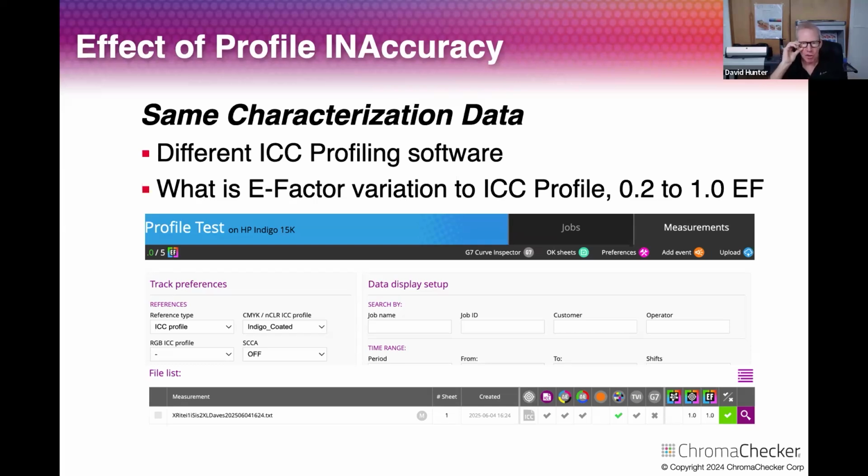So again, this shows that if you care about a color match, you need to care what is the quality of your profiling program that you're using. And we've gotten so blasé about profiling programs that people haven't really gone out and said, hey, my profile is more accurate, and prove it with this E factor metric that tells you what the round trip calculation is.